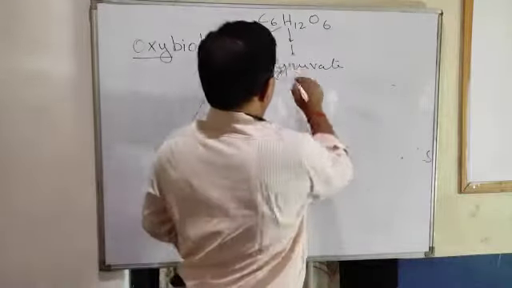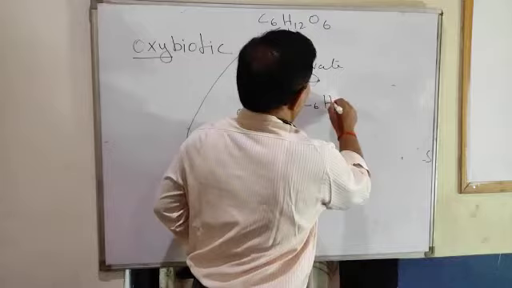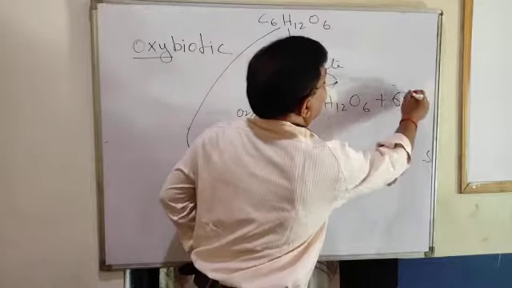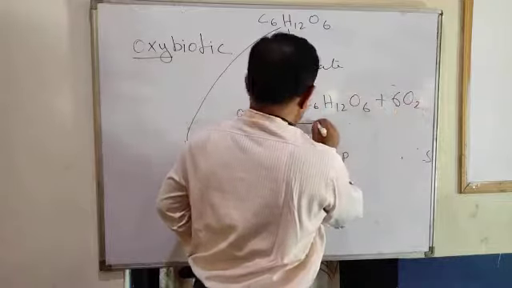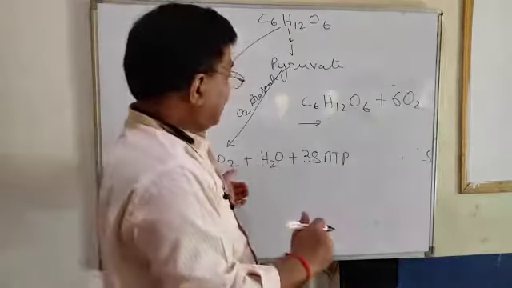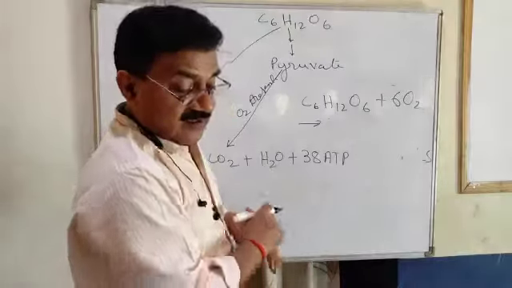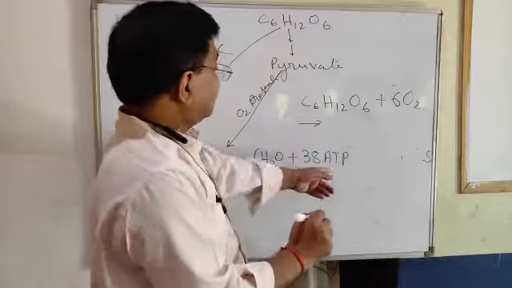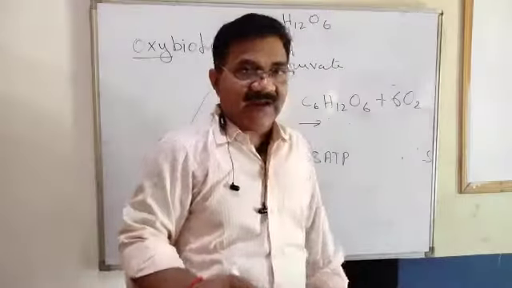What is the reaction? C6H12O6 plus 6O2. Oxygen is added, and the end products are carbon dioxide and water vapor: 6CO2 plus 6H2O and 38 ATP energy.